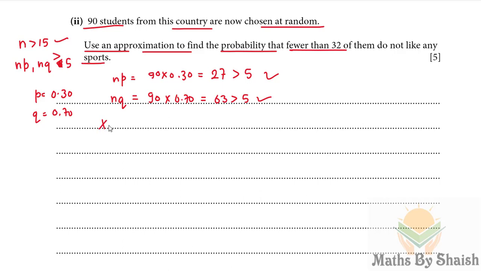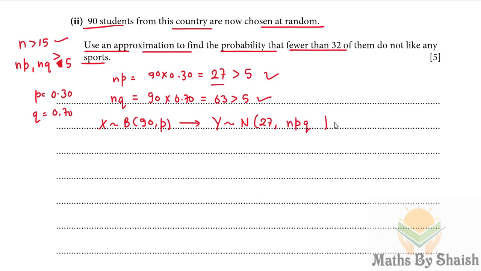I'll take X from binomial n, here 90, and p, and we'll approximate by normal, and for normal we have the parameters, the mean and variance. From binomial the mean is np, we have calculated here, that is 27, and npq is the variance, so we will calculate.